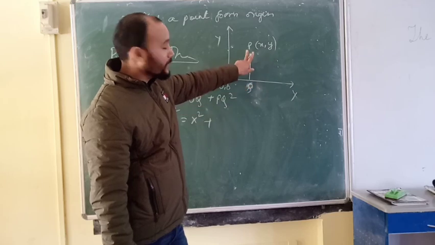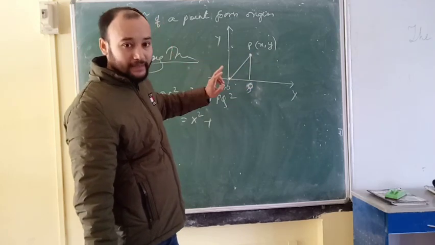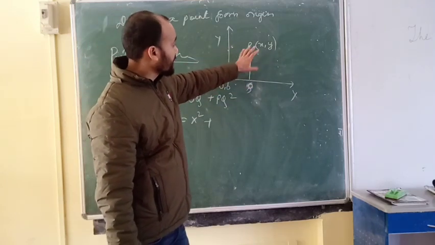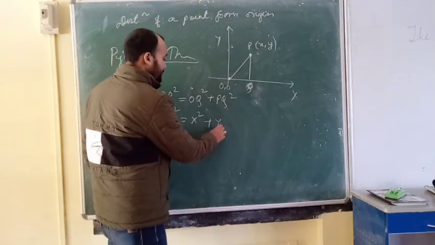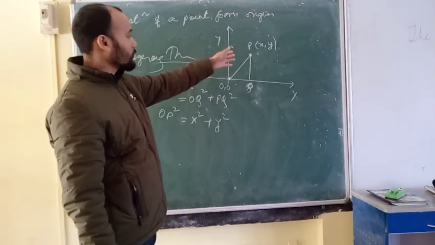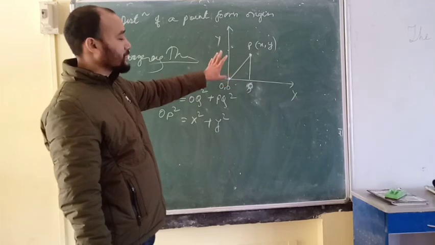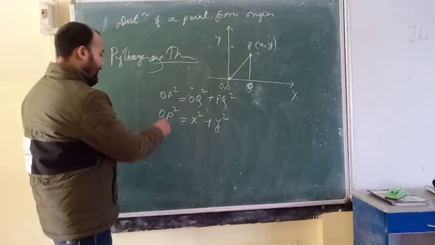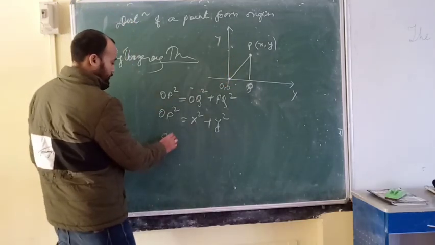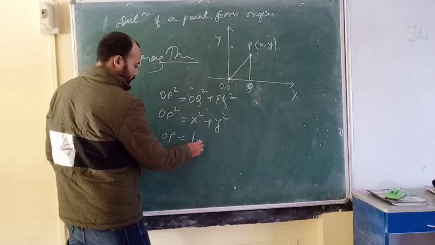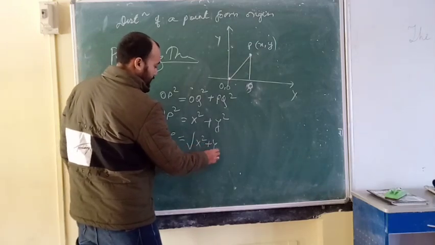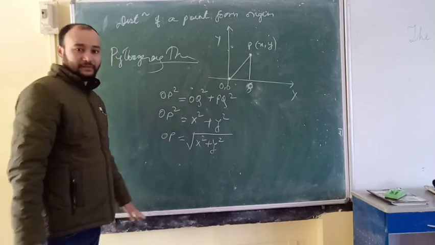If we move in upward direction, then we are considering the y-axis. That means from here to here is y. So y square. If you like, you can put x1, y1 also. For simplicity, I am considering x1. And this is OP square. Now OP is the square root of x square plus y square. This is very simple.